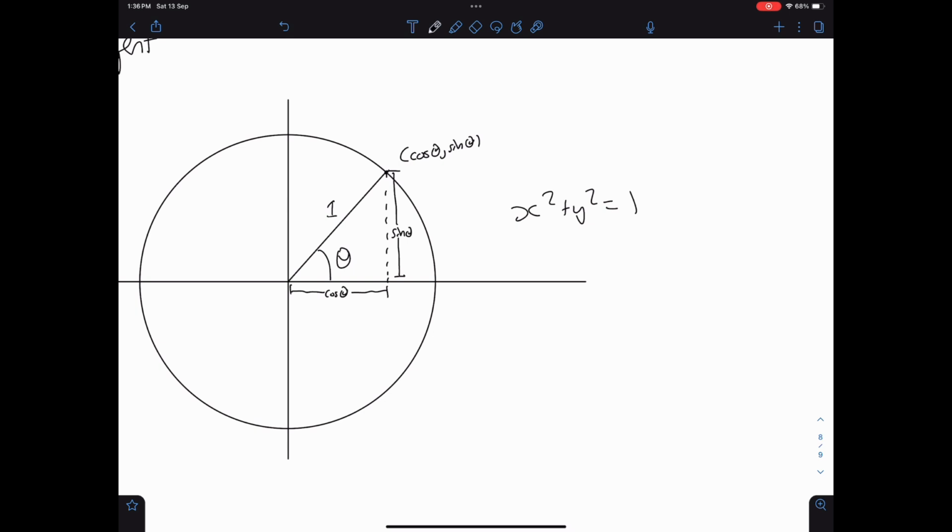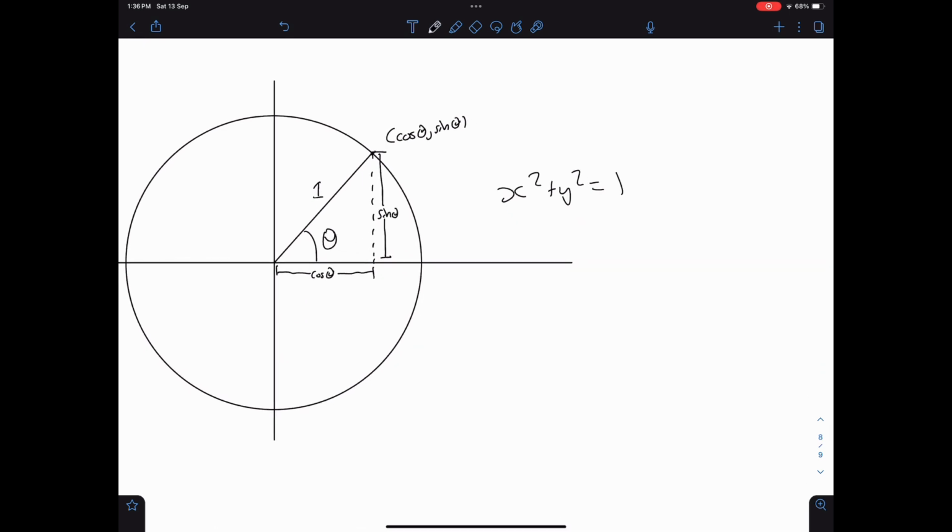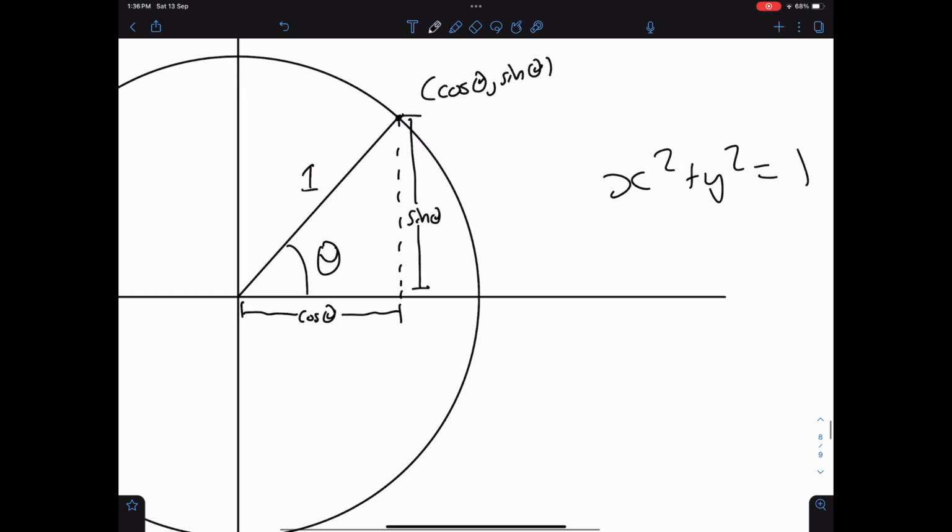And we can kind of see how SOHCAHTOA might work from here. Like, if we wanted, let's say we didn't know if this was sine of theta, and so we know that this is our angle, our theta. This will be our opposite, and this will be the hypotenuse. And we know that sine of theta equals opposite over hypotenuse, and our hypotenuse is 1 because it's also a radius.